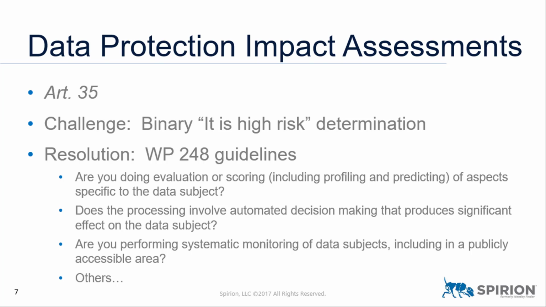what qualifies? For example, when something says, is the data processing involving automated decision-making that produces a significant effect on the data subject? What does that mean? So you have to go and dig in and find more commentary and more jurisprudence on just what qualifies as significant effect. So there's a lot more work that needs to be done in these areas, and some of these criteria are a bit gray areas, if you will.